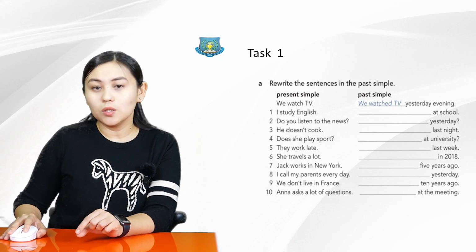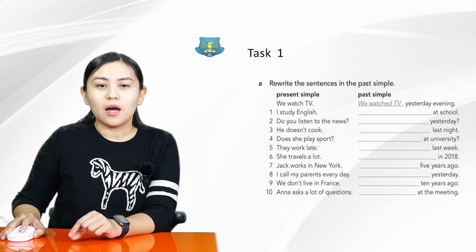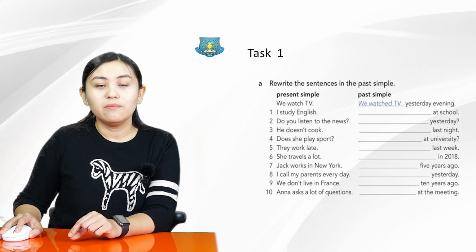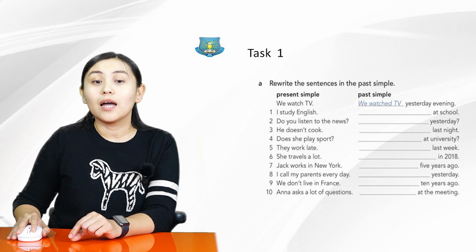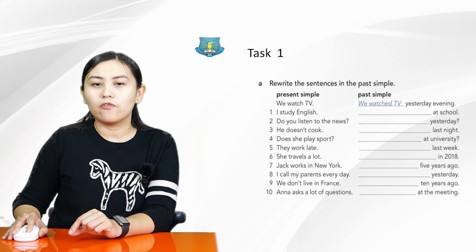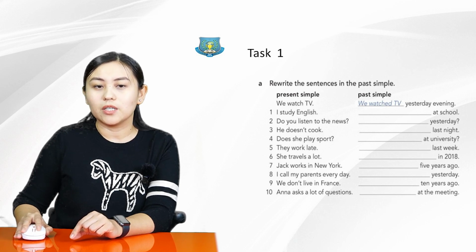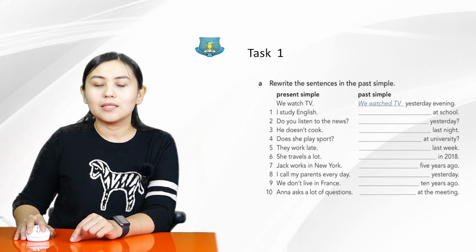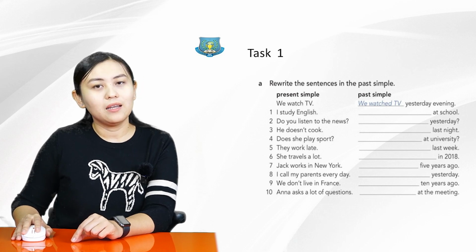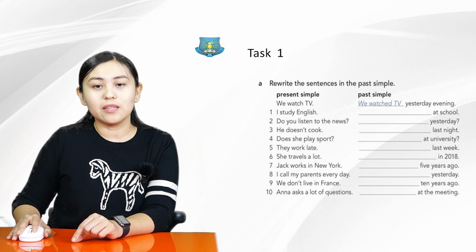Jack didn't work there five years ago. I call my parents every day. I called my parents yesterday. We don't live in France. We didn't live there ten years ago. Anna asks a lot of questions. Anna asked a lot of questions at the meeting.